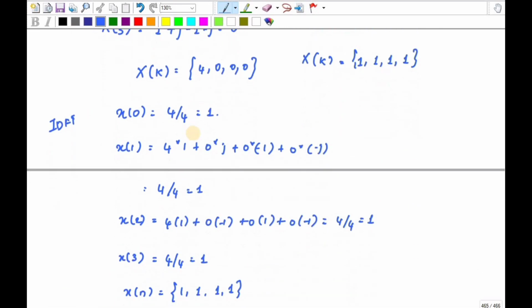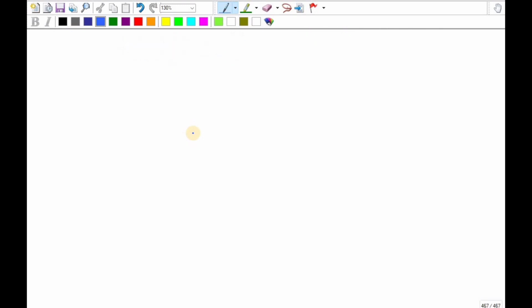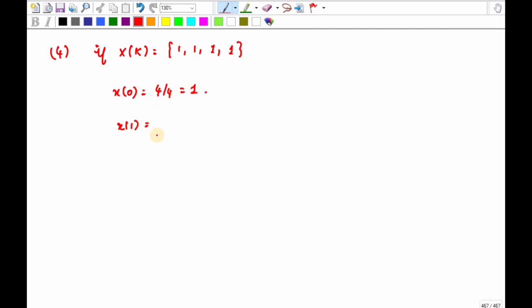In a similar way, if X of k is equal to 1, 1, 1, 1, what is x of 0? x of 0 is equal to the addition of these values divided by 4, that is equal to 1. x of 1 is equal to 1 plus j minus 1 minus j, so you will get the answer 0. What is x of 2? x of 2 is equal to 1 minus 1 plus 1 minus 1, that is equal to 0.